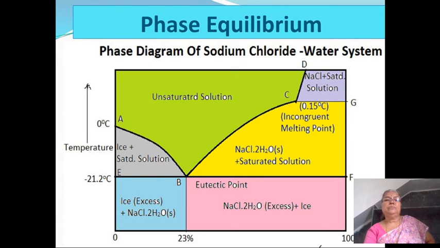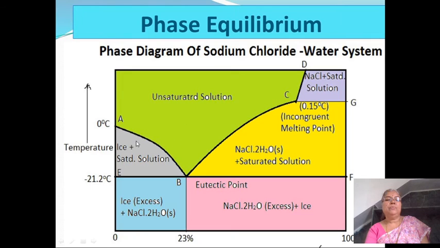Then see another phase diagram, the sodium chloride water system. It is also a two component system. Here, as usual, point A is the freezing point of water or melting point of ice.